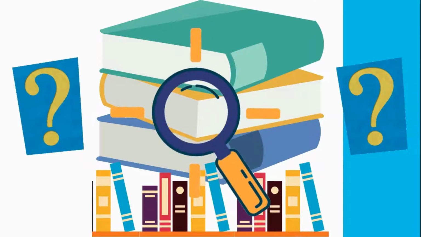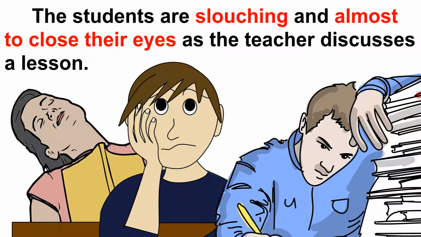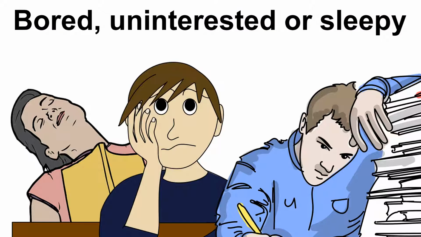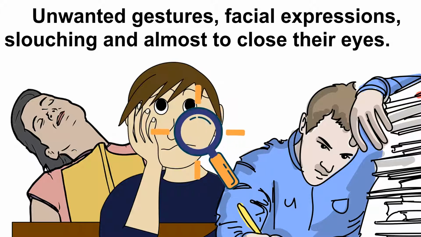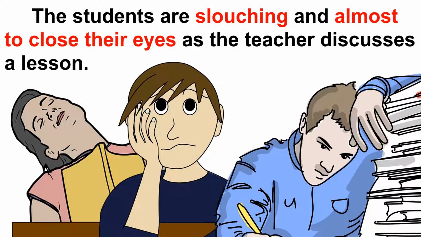Let's go back to our examples a while back. The students are slouching and almost closing their eyes as the teacher discusses a lesson. We made an inference that the students are bored, uninterested, or sleepy because of the reactions that we have observed that also served as clues, such as unwanted gestures and facial expressions, as well as slouching and almost closing their eyes.